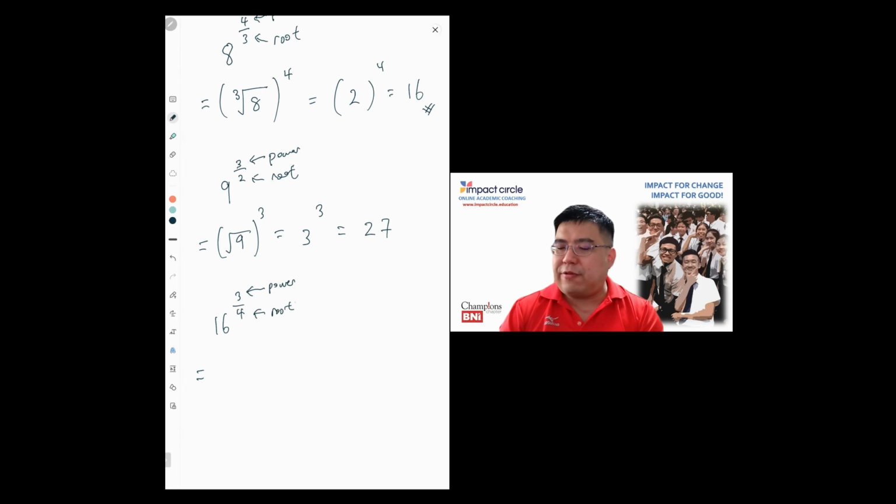So we will take the fourth root of 16 first, and then we will cube the result. Because 2 times 2 times 2 times 2 gives us 16, the fourth root of 16 will be just 2. And when you cube 2, that just means 2 times 2 times 2, which will give you 8. And therefore, 16 to the power of 3 quarters will be equal to 8.